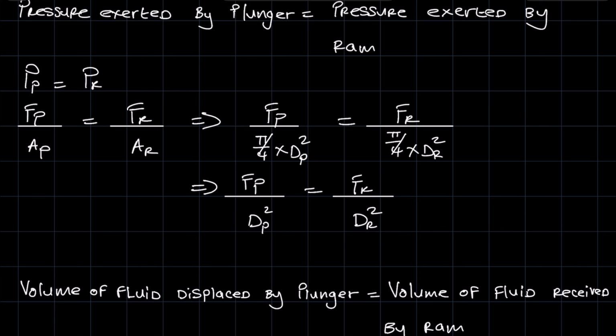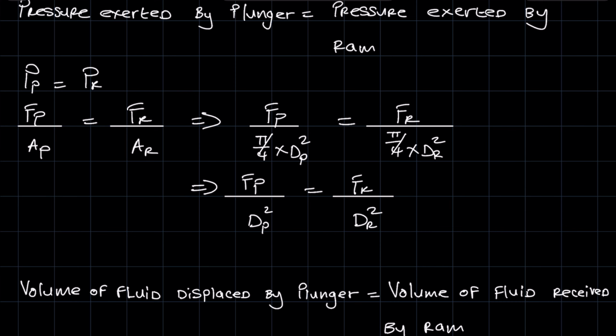Remember I said the way we differentiate between the two pistons is that the plunger piston is relatively smaller in diameter than the ram piston. And the area thereof will be essentially circular.